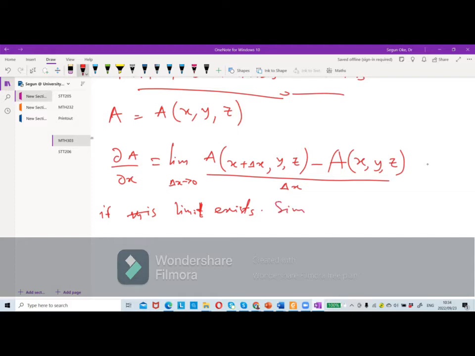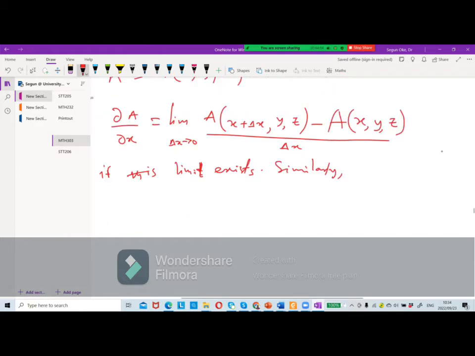and similarly, you can also check for y. If you want to check for y, it's going to be the partial derivative of A with respect to y equals the limit as change in y, don't forget, tends to 0 of A of x, comma, because it's y we are dealing with, so you have the extension to y, which is our increment of y.